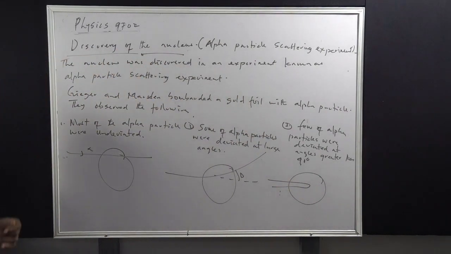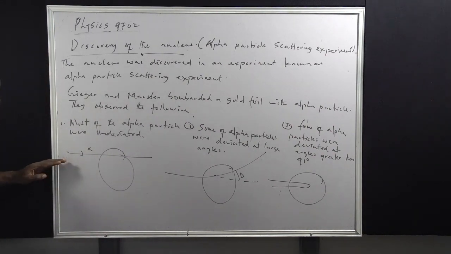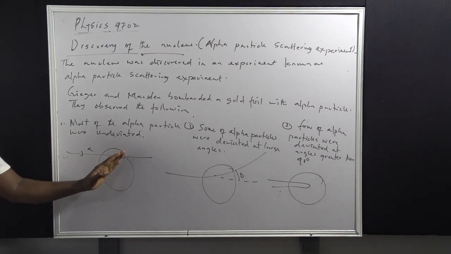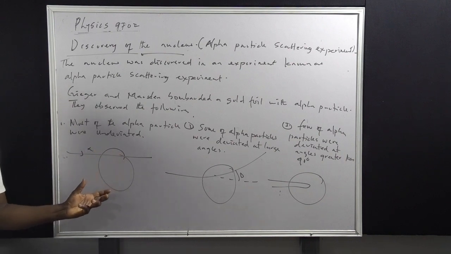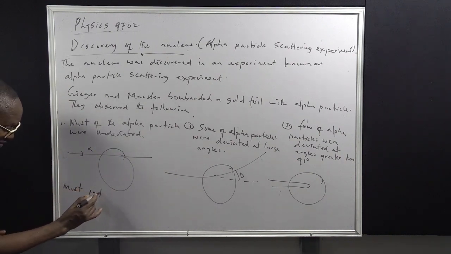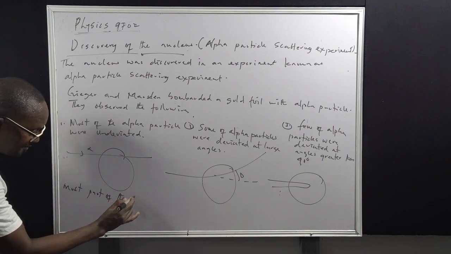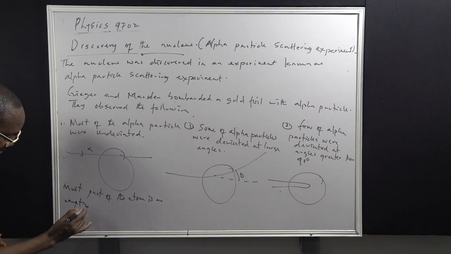Are you there? So most of the alpha particles were undeviated. This shows that most part of the atom is essentially an empty space, which is a vacuum.